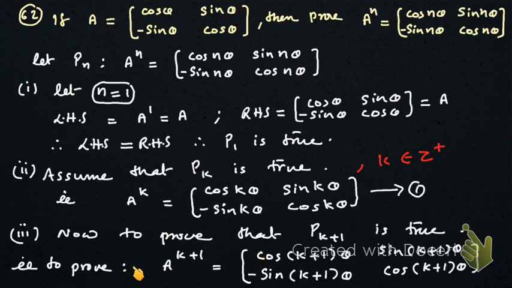That is to prove that a raised to k plus 1 is equal to cos of k plus 1 theta, sine of k plus 1 theta, minus sine of k plus 1 theta, and cos of k plus 1 theta. This is exactly what I have to now prove. But remember, we are trying to prove this under this assumption, which means by making use of equation number 1, I should prove this result.